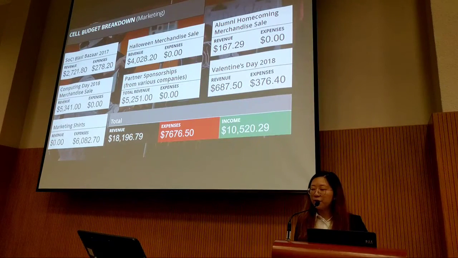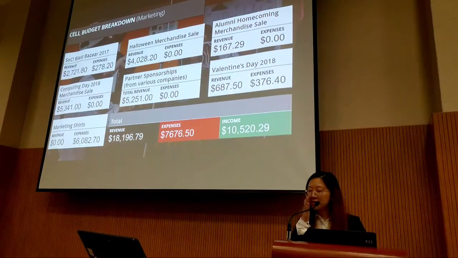Next, for Computing Day 2018, since this year is the 20th anniversary of computing, we made $5,341, mainly on merchandise. Next, we have the partner sponsorships from various companies.